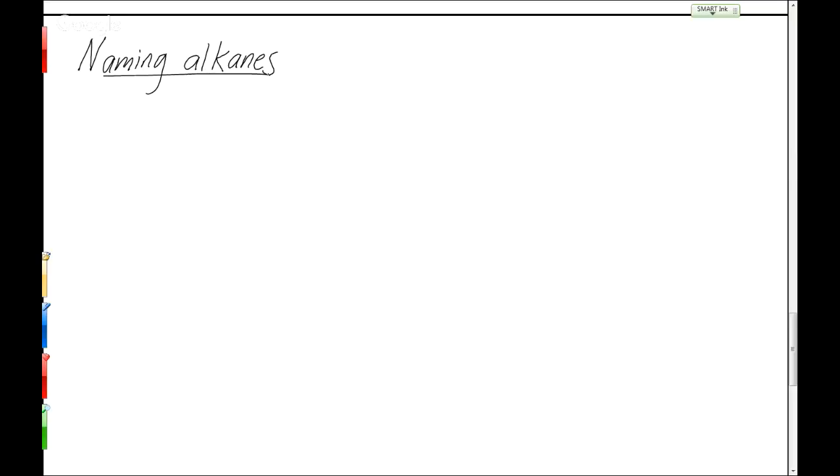All right, here are our rules. Number one, when we want to know what a structure's name is, it's based on the longest continuous carbon chain in the molecule.